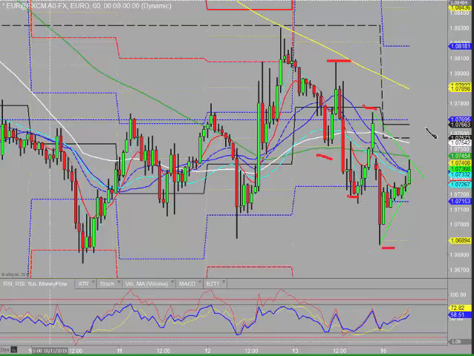But there's a reasonable possibility, if we can break this little trend line here, we could go up. There's the weekly and daily pivots above us. So possibility if we break this upper trend line that I've drawn on here. Now this trend line is a bit dynamic at the moment because of course the hour hasn't finished, and if this was to get a sudden rally, I'd have to review that in terms of its positioning.